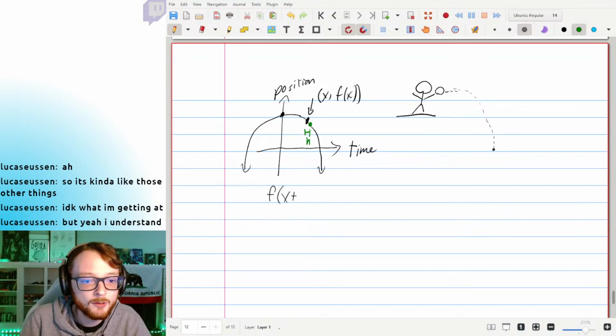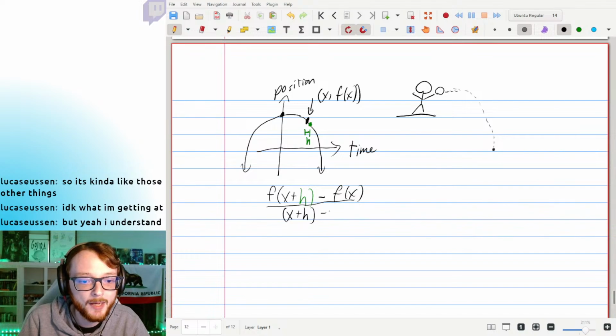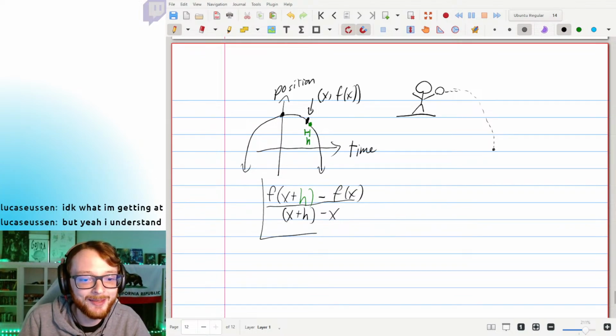So the function at that green point is f of x plus h, minus f of x, over the x value, x plus h minus x. You don't know what I'm getting at, but you understand? Okay, good. So this thing here is the slope of a line. It's rise over run.